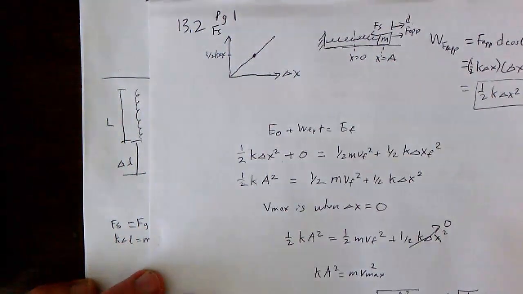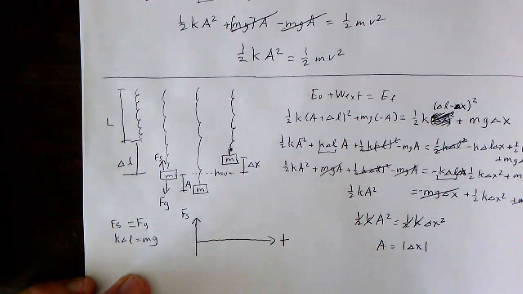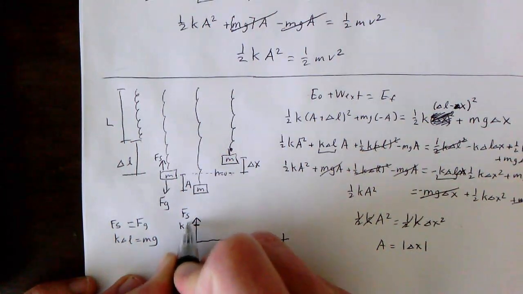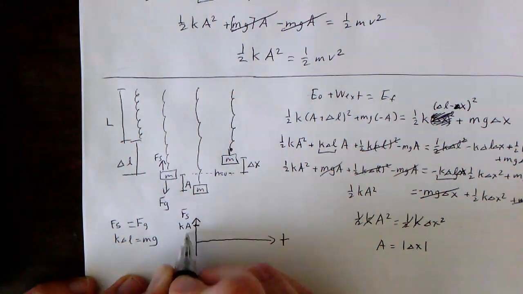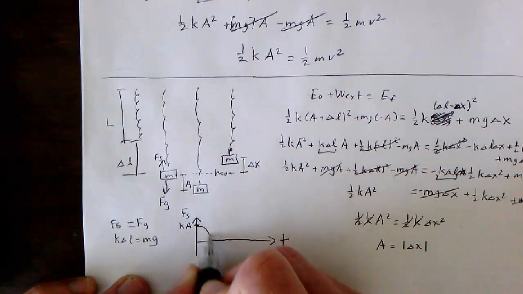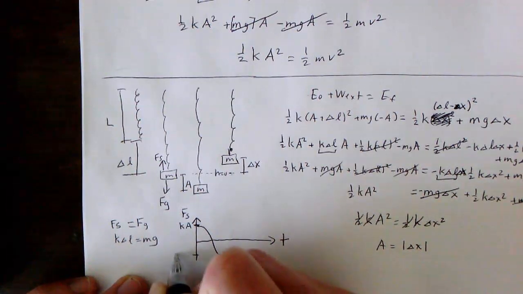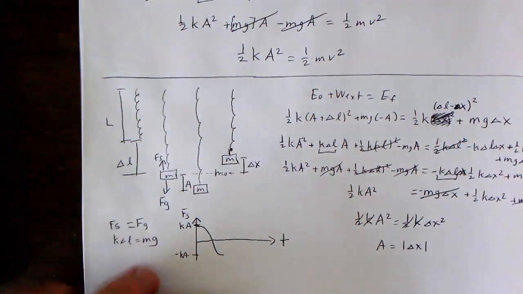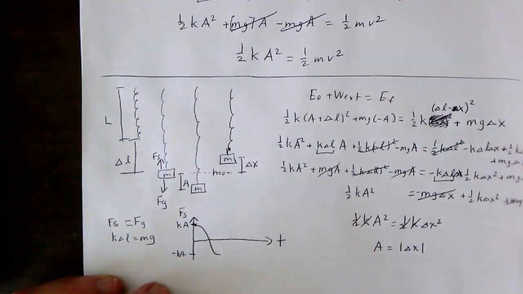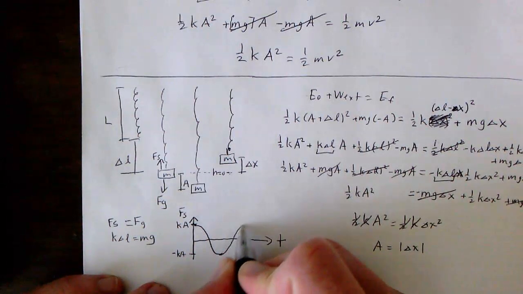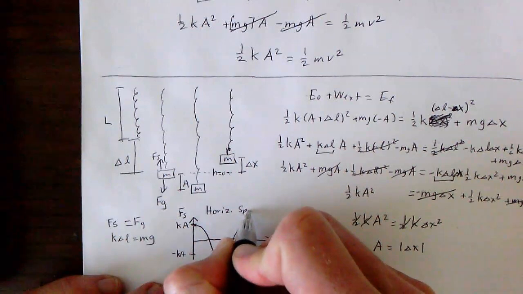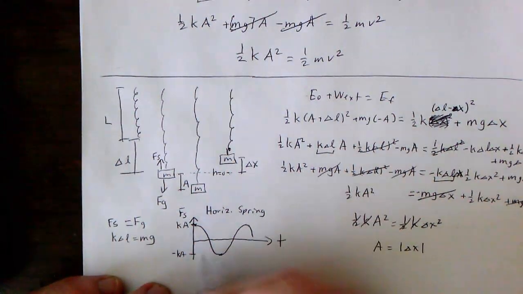The force would be to the right with some value of K delta X, but delta X is A. It's really minus A, but the force is positive. And it would go like this, and it would go down to a minus K A when you're over here all the way on the right. The force would be to the left. Okay, so it's going to oscillate back and forth, and this is the horizontal spring, or horizontal system, and it's going to oscillate back and forth.